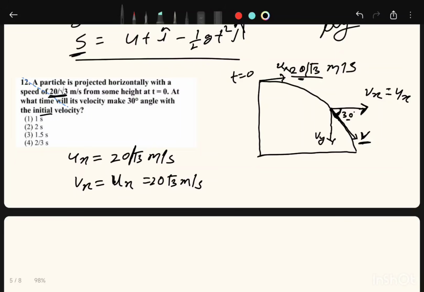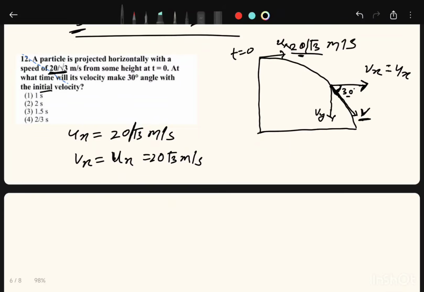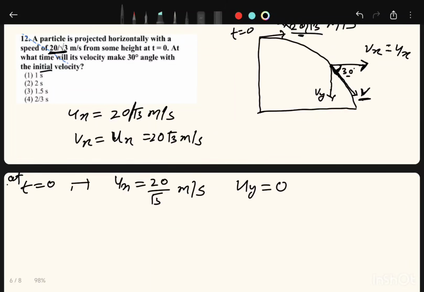Okay, so we have to find this time. Initially at t equal to 0, your ux is what? 20 by root 3 meter per second, right? And uy is what? 0, because no vertical velocity. So after t time, what is its velocity?